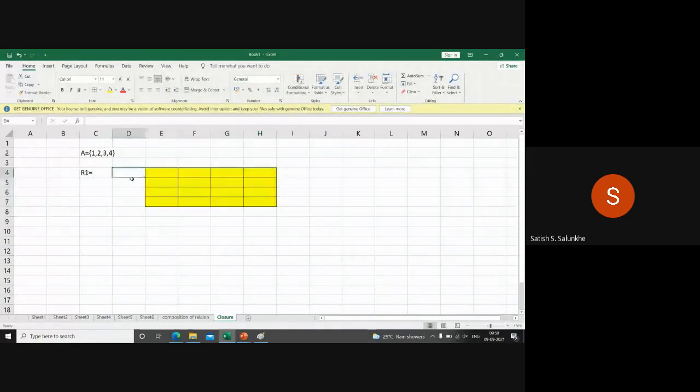So I'm just listing the elements here, 1, 2, 3, 4. Okay, so let us assume the relation is something like this. I'm just randomly writing something. Rest are 0. Let us assume.